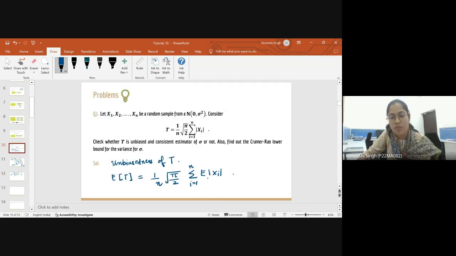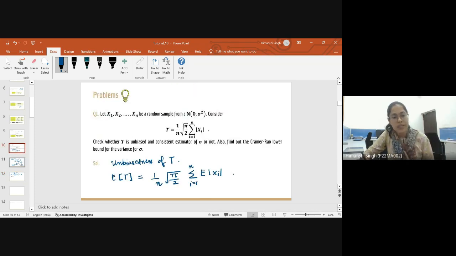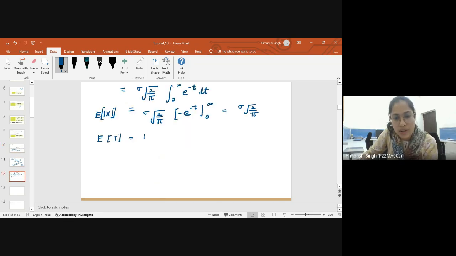So the expected value of mod xi will be the same because all of them are normal with 0 comma sigma square. So the expected value of t is equal to 1 upon n under root pi by 2, summing i going from 1 to n, of sigma under root 2 upon pi.